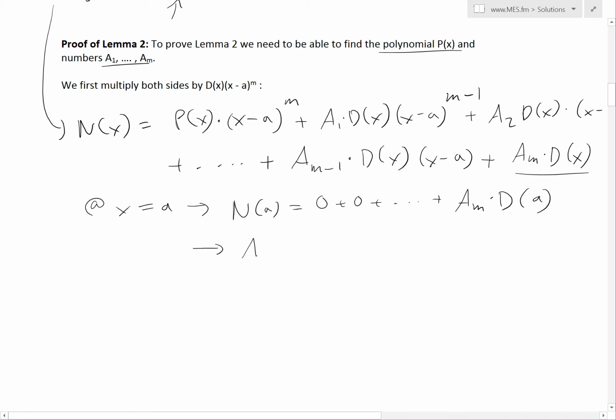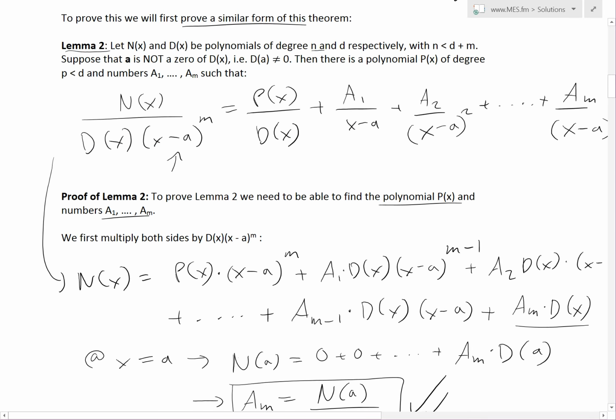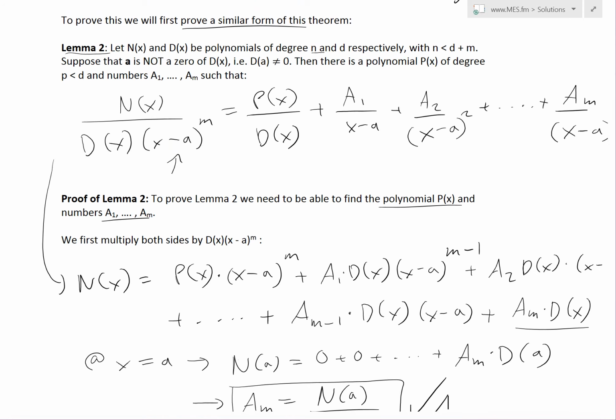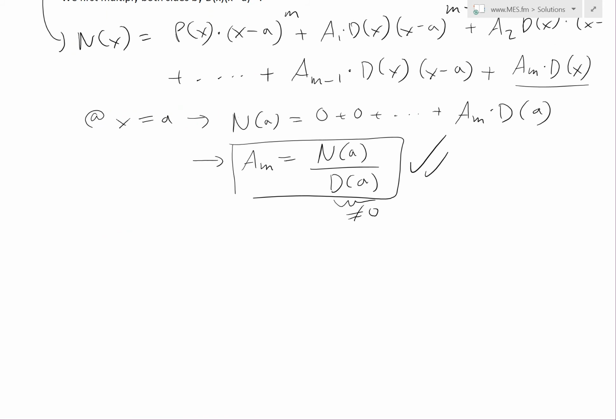So what we get now is a_m equals n of a divided by d of a, and this bottom part right here can't equal 0, so we've basically shown that for the term a_m, we have found this number. Because n of a is a number and d of a is a number, and d of a doesn't equal 0 because we imposed that in this theorem so that we did not get an undefined function. So that's what we get.